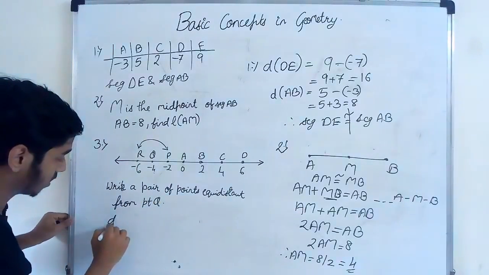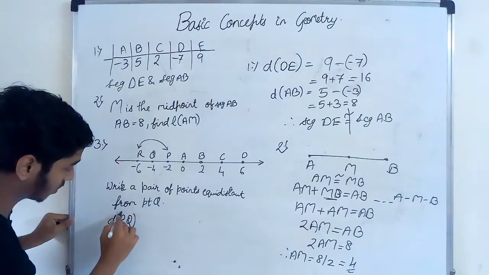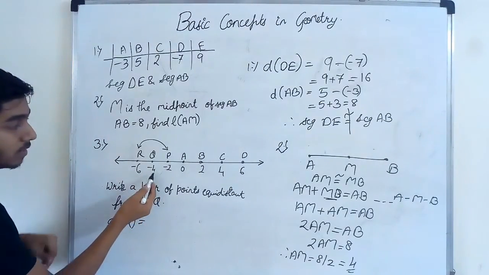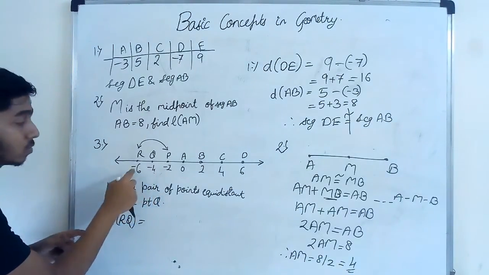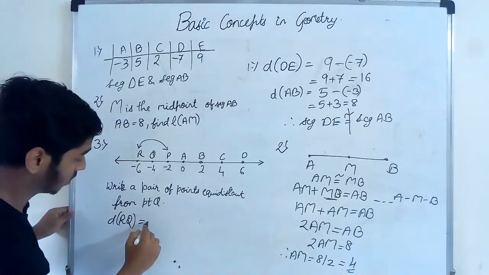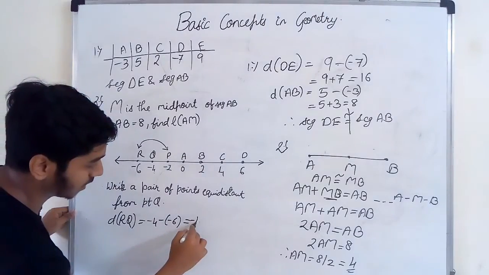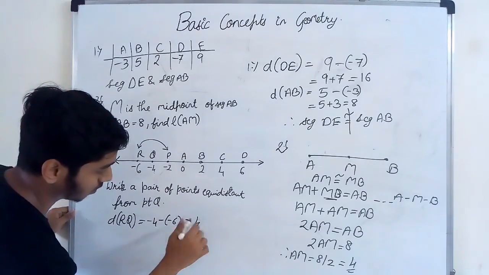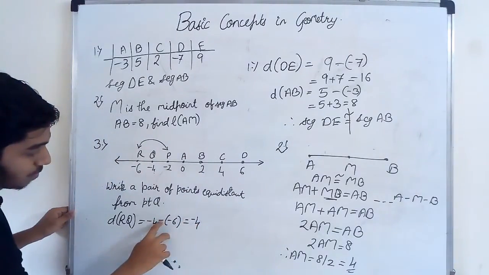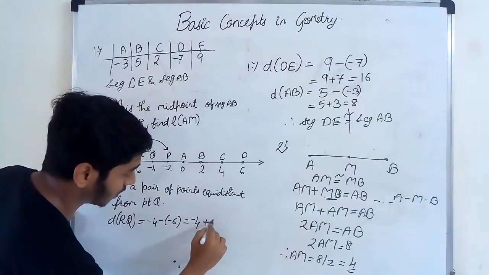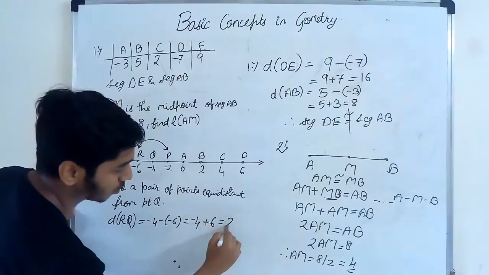Let's find distance RQ. Distance RQ is coordinate of Q minus coordinate of R. So minus 4 minus of minus 6, that will be minus 4, minus into minus is plus, so plus 6. So this will be 6 minus 4, so 2.